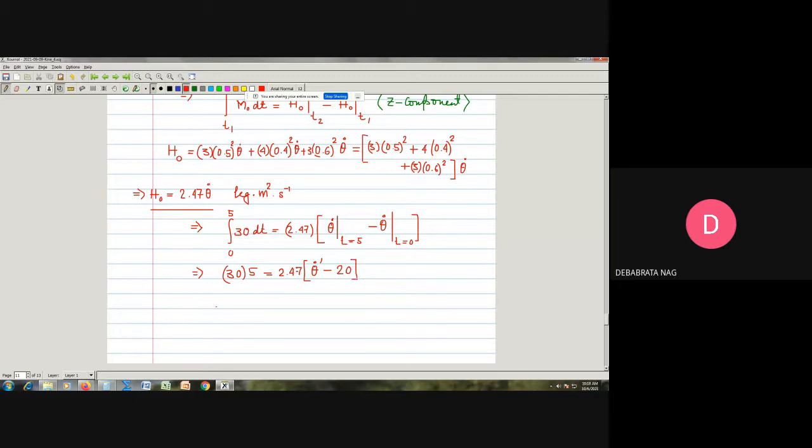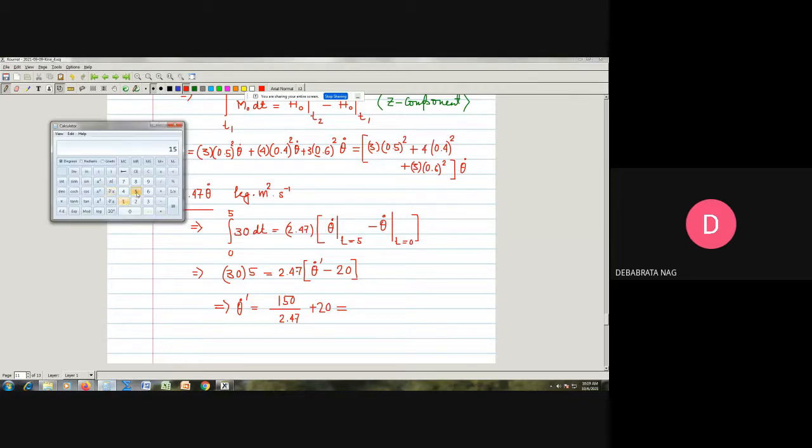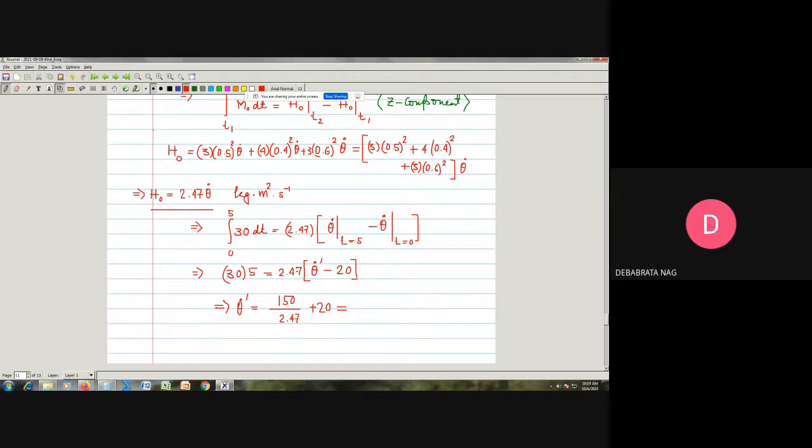So theta dot prime is equal to 150 divided by 2.47 plus 20, and it turns out to be 80.728, so we can say 80.73 radian per second, and it continues to be in the clockwise direction. That is going to be our answer for this particular problem.